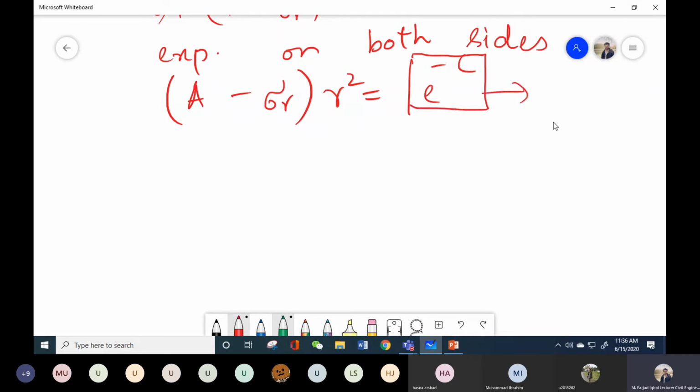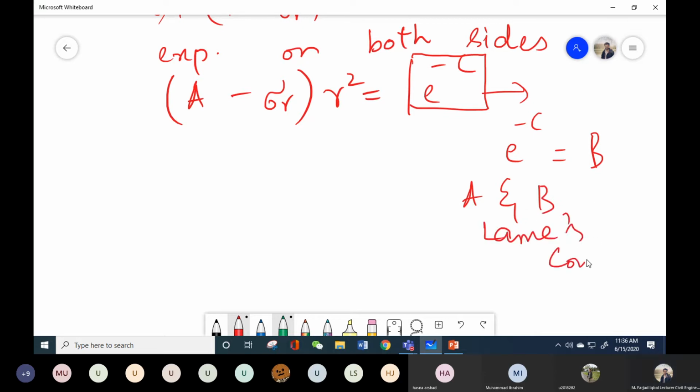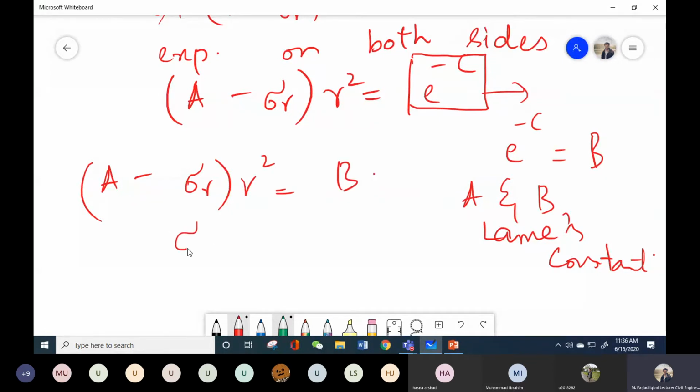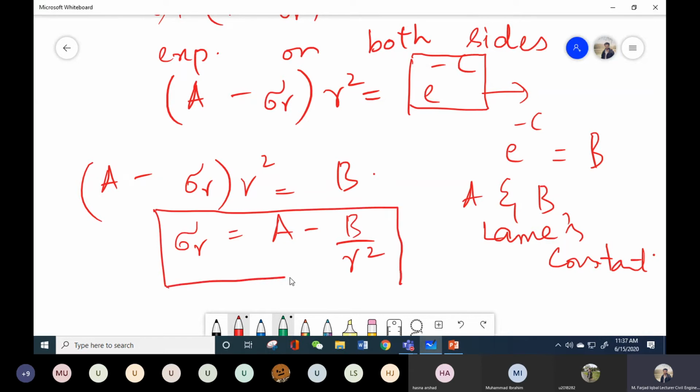So Lame proposed that this constant e minus c is equal to B. So now we have two constants A and B, and both of these are called Lame's constants. So we will replace it with A minus sigma r into r square is equal to B. And if I simplify this equation, I will have sigma r is equal to a minus b over r square. So this is the relationship for radial stresses.